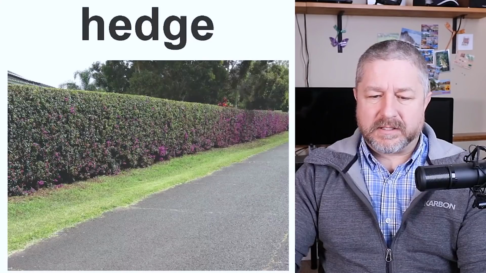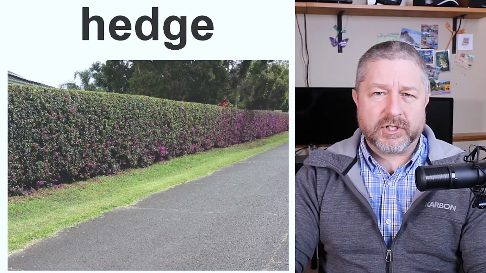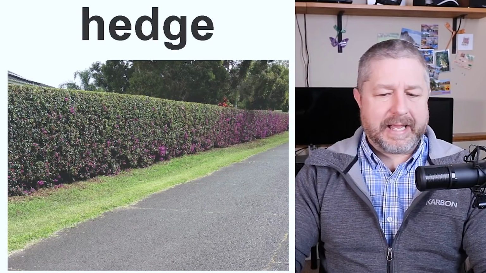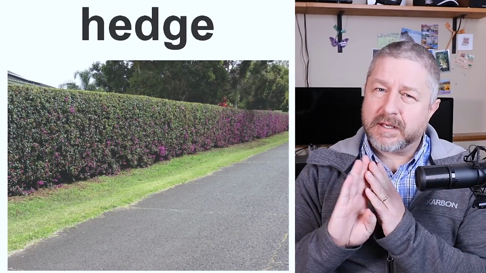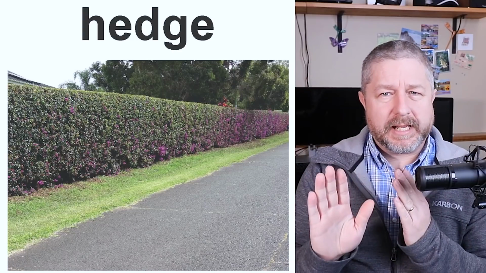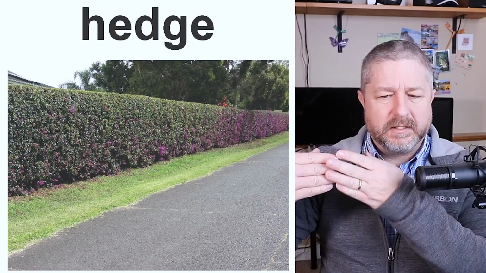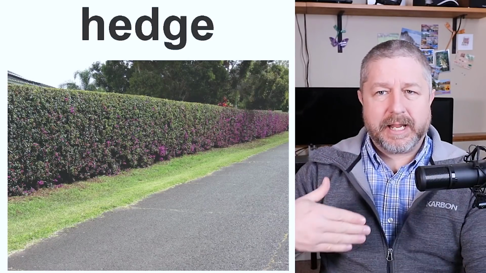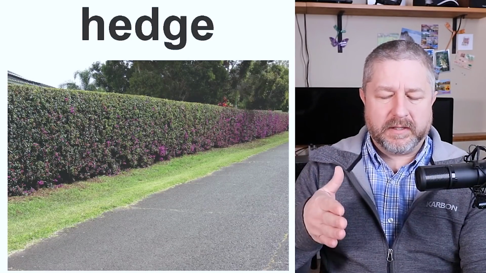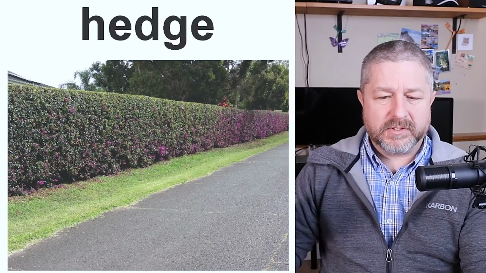Instead of a fence, you might have a hedge around your yard. So a hedge is basically the same as a fence, but it's made out of plants. So you can see here, they have grown plants, and those plants act as a barrier between, in this case, the road and the person's yard.